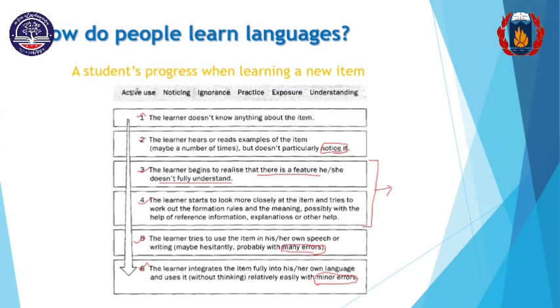Teachers, at first: active use, noticing, ignorance, practice, exposure, understanding. Can you please match these words with the stages? The first stage, what would it be? The learner doesn't know anything about the item.